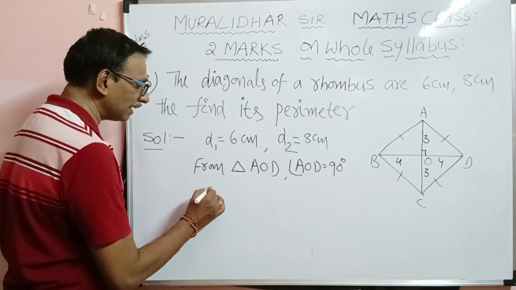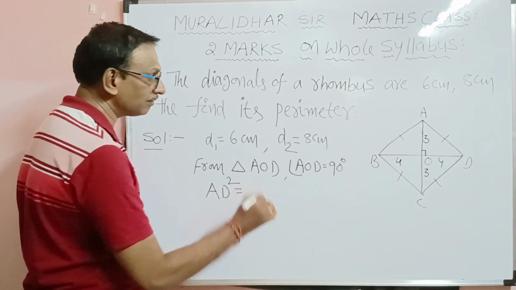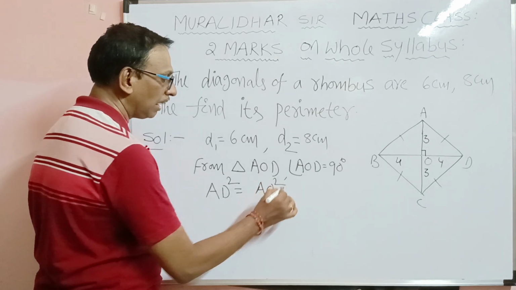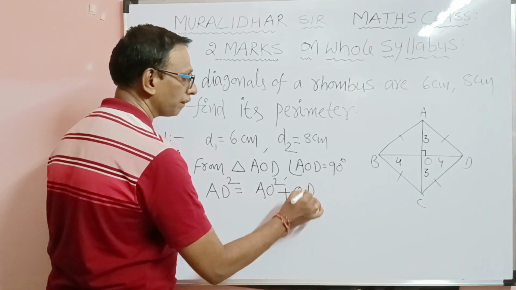According to Pythagoras theorem, AD square is equal to AO square plus OD square.